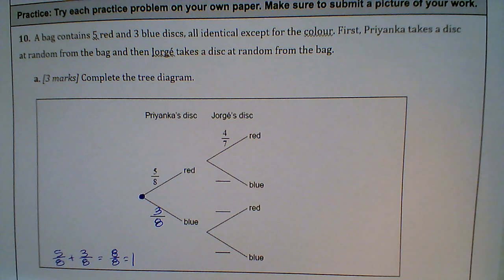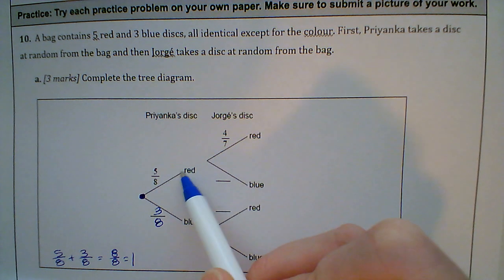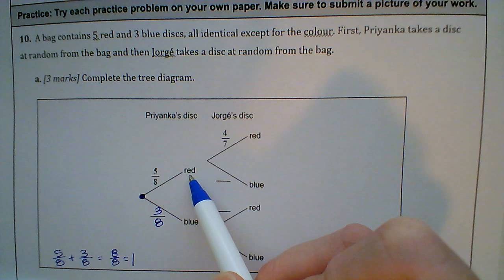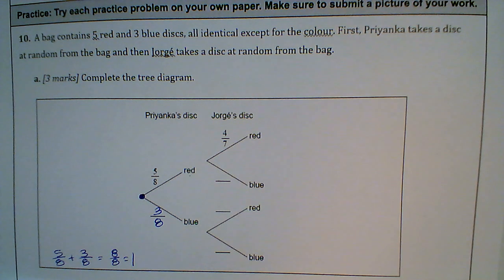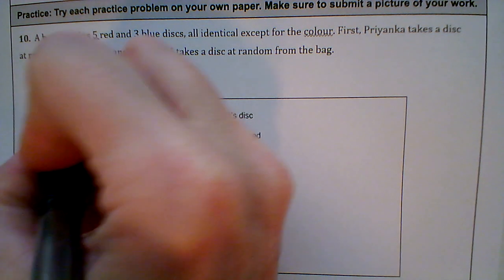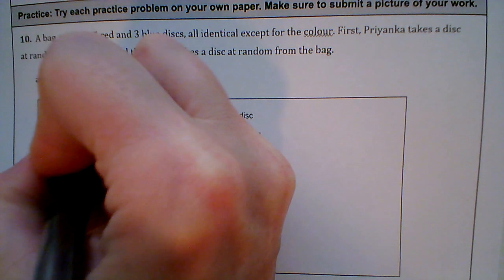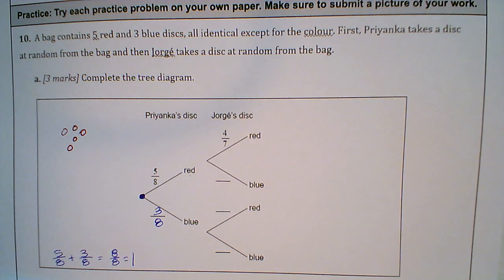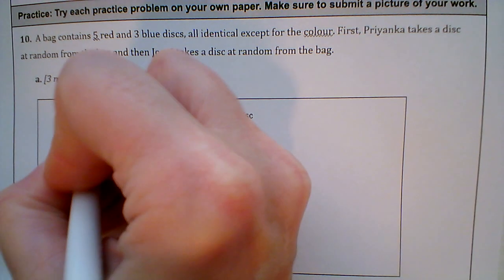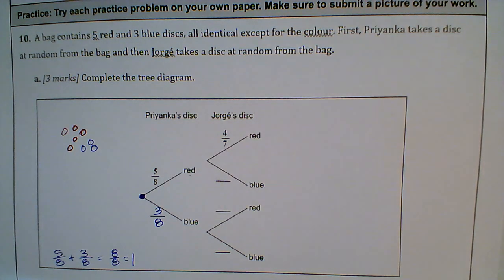Well, we need to remember this path tells us that Priyanka took a red disc out. So she already took out a red disc. Let's see here. I'm going to pretend this is red. So I've got 1, 2, 3, 4, 5 red discs, and then I've got 1, 2, 3 blue discs.